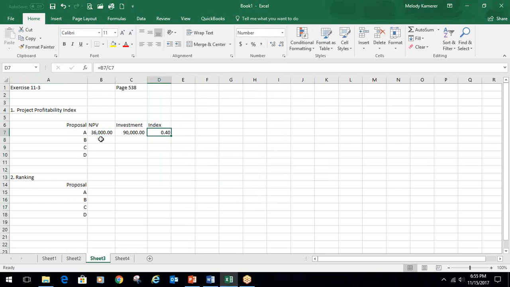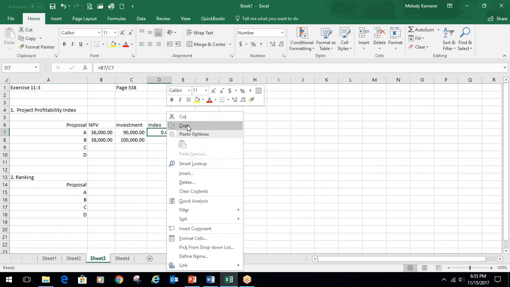So we'll look at the next problems. B, our net present value was 38,000 and our investment was 100,000. Not enough zeros that time. Okay, and then we can just carry our equation down.